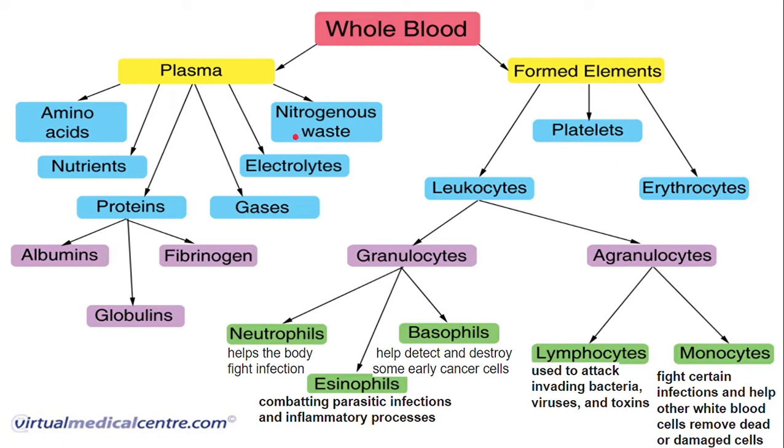Now, as I discussed about proteins, these have sub-elements: albumins, globulins and fibrinogen. In a further video I'm going to discuss how the thrombin element converts fibrinogen into fibrin.